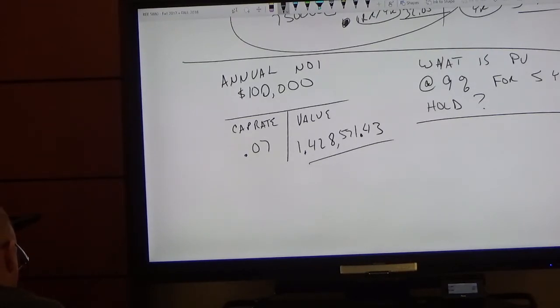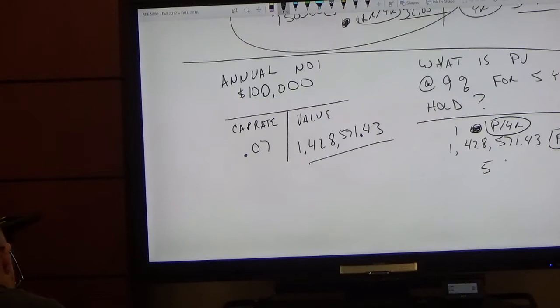Okay, so first of all, since this is given to us on an annual basis, we know the future value is going to be the $1,428,571.43. It's what we're going to sell it for. We know we're holding it for 5 years, and we know the discount rate we're going to apply is 9%. So what other piece of information do we have? The NOI.